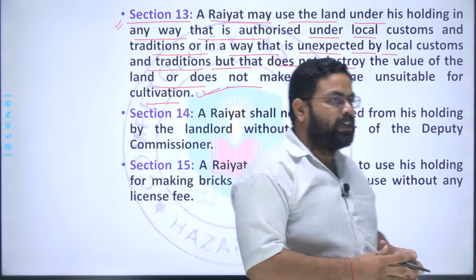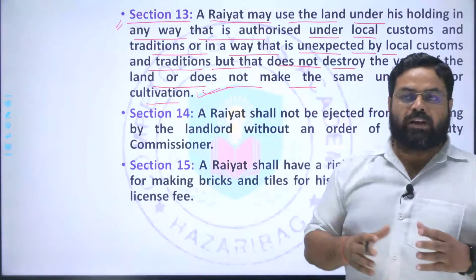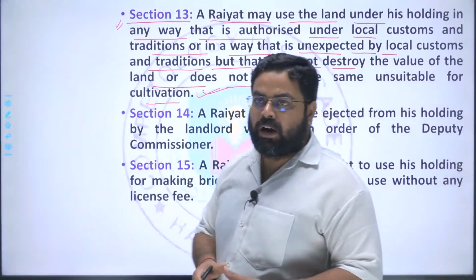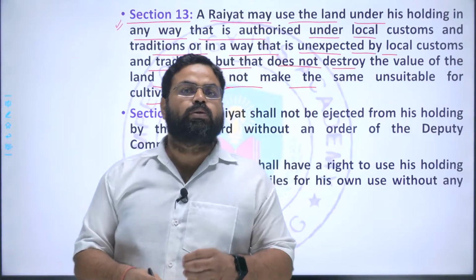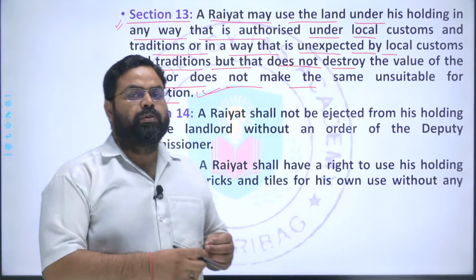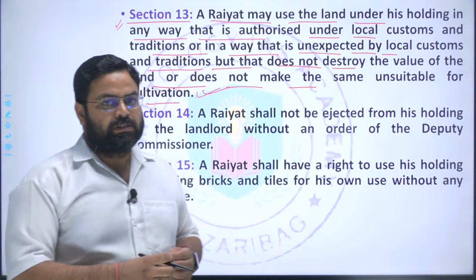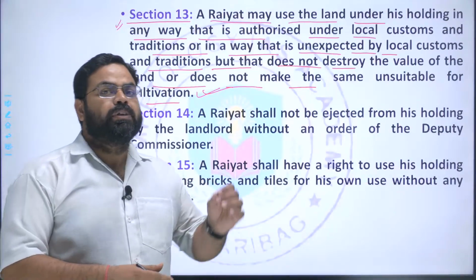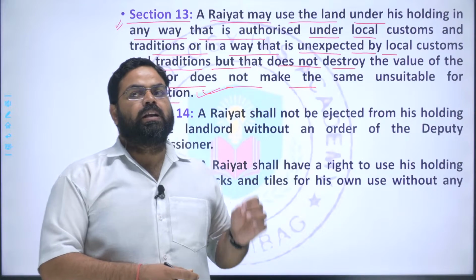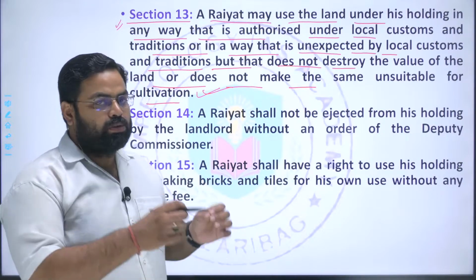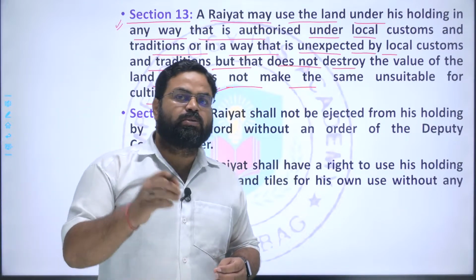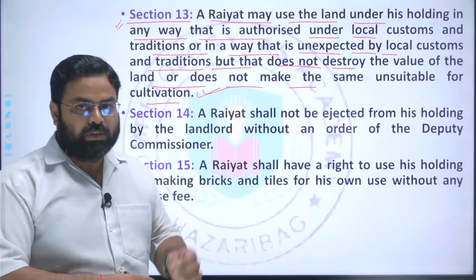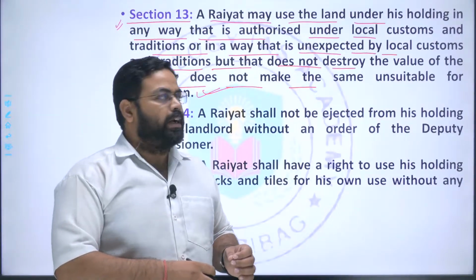All the raiyats who have any holding are allowed to use their land even for an orchard, for the construction of a pond, whatever it is, which is allowed by the local customs. वहाँ के जो गांव के नियम कानून हैं, according to that they are allowed to use their land, right?